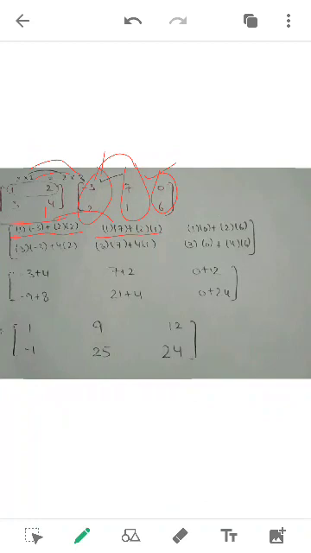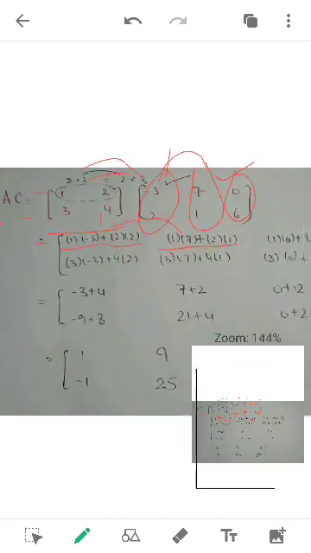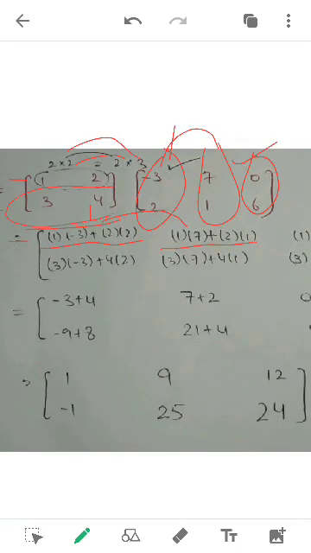Now as you have multiplied the first row with all the three columns, it's time to move your row to this one. And since you have changed your row in the first matrix, you will change the row in the answer as well. You will shift downward. All these things are happening correspondingly. So now second row into first column, 3 into -3, 4 into 2.